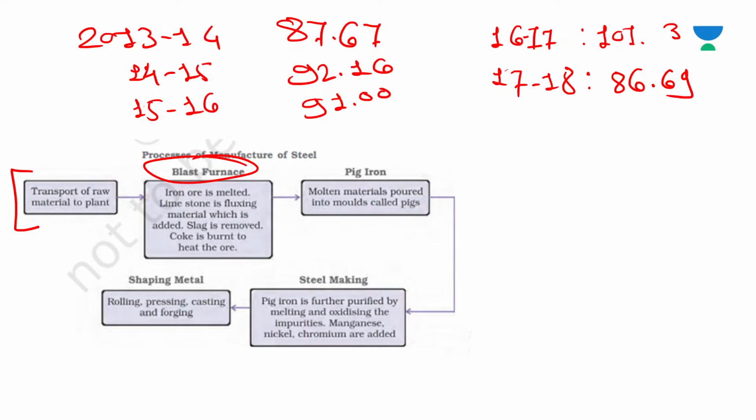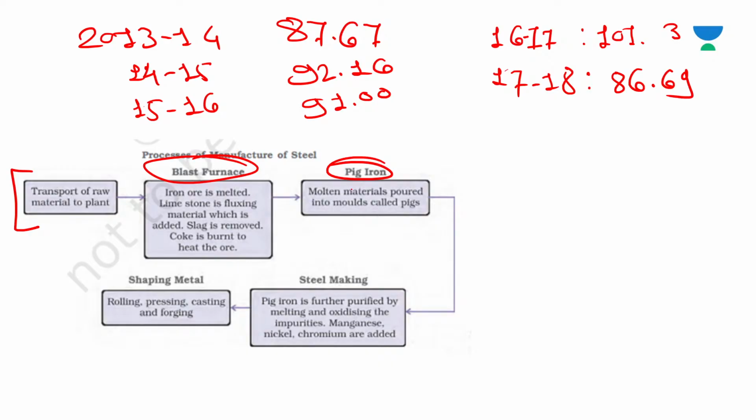Coke is burned to heat the ore, and then comes the process of pig iron where molten material is poured into molds called pigs.